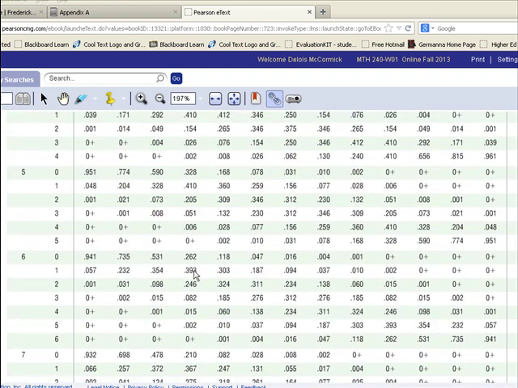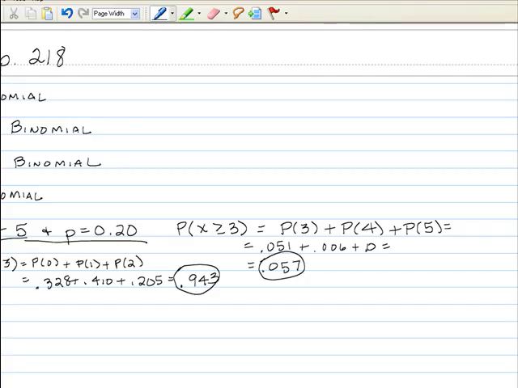Now, in the next group, we're looking at blood donors. Around 45% of them have blood that is group O. Okay, so the probability of group O blood is 0.45. In 22 we're told N is 16 blood donors, and we're looking for X equal to 6.